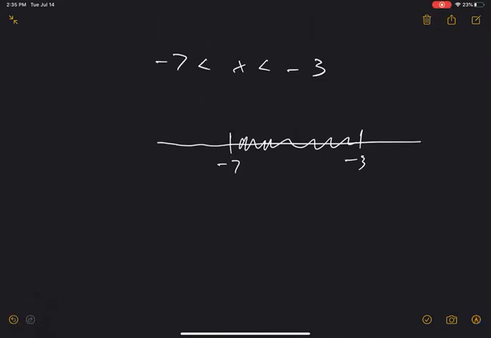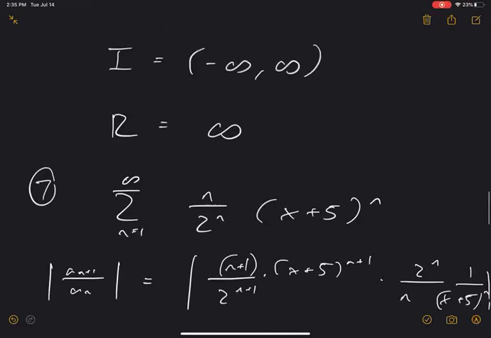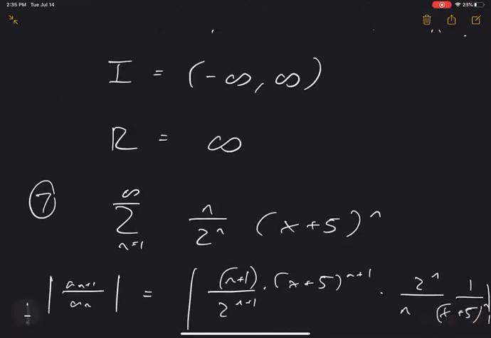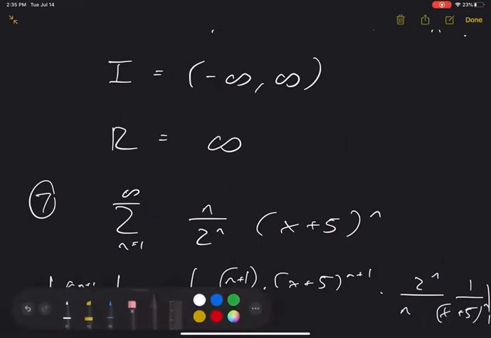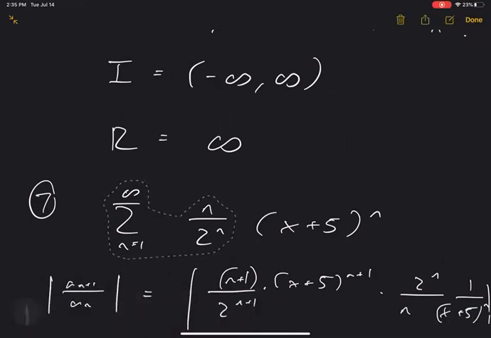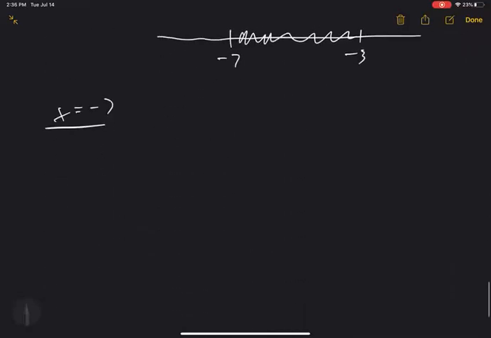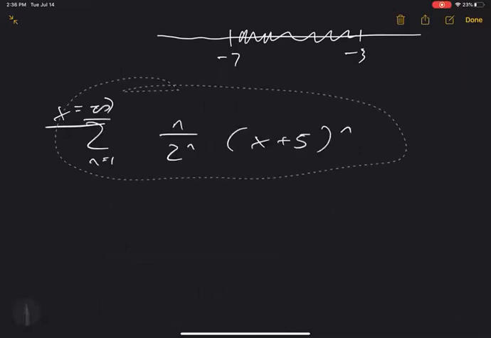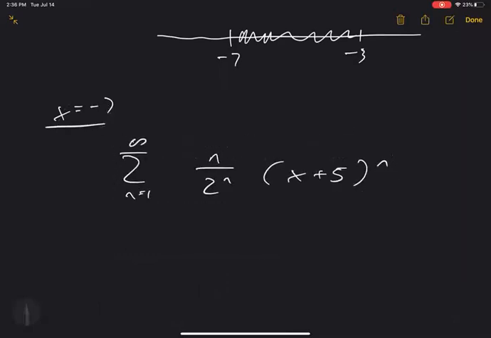So let's plug in x equals -7 to my original series. Oh, that's not my original series. This is my original series. Okay, so I plug in -7 to this, and what do I get?